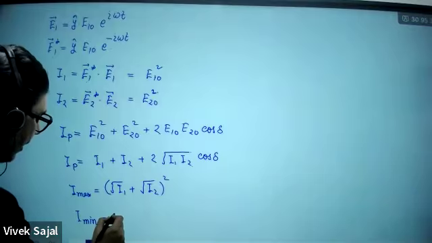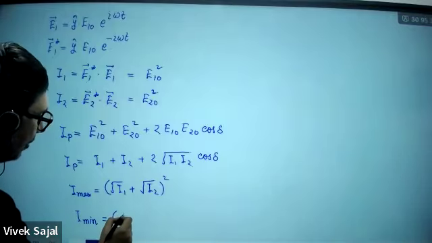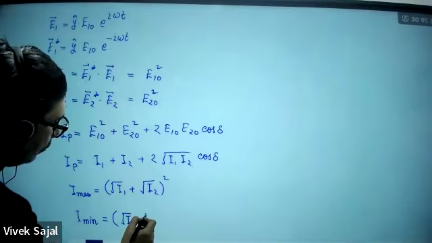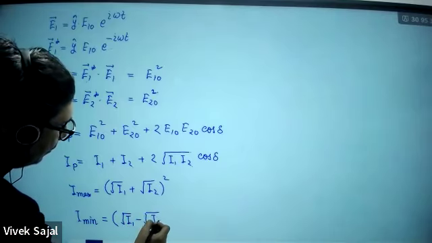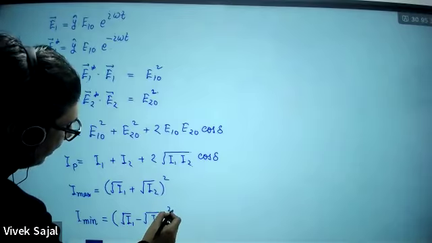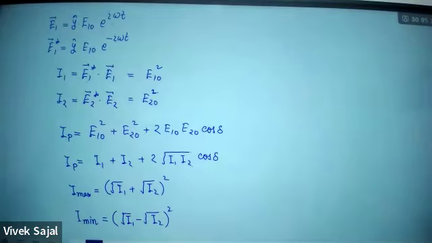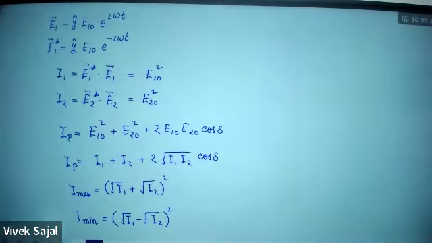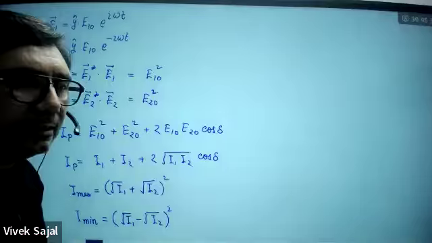I minimum will be how much? This will be root I1 minus root of I2, and this will be whole square. So these are other formulas of I max and I min in terms of intensity. So you can also do the calculation in terms of intensity.